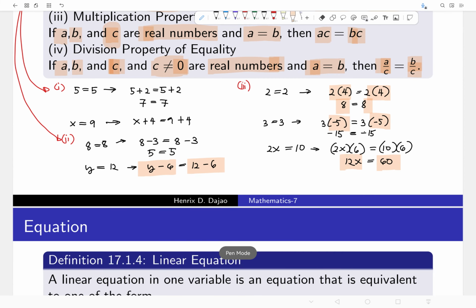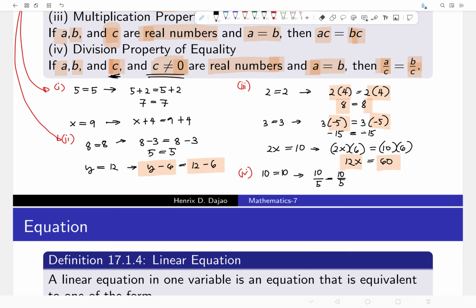For example, let's say 10. You know 10 is equal to 10, right? Now, if you divide, let's say 5, to both sides of the equation, 5 is not 0, right? So we are allowed to use 5 because 5 is not equal to 0. Now, if you divide both sides by 5, that becomes 10 over 5 equals 10 over 5.